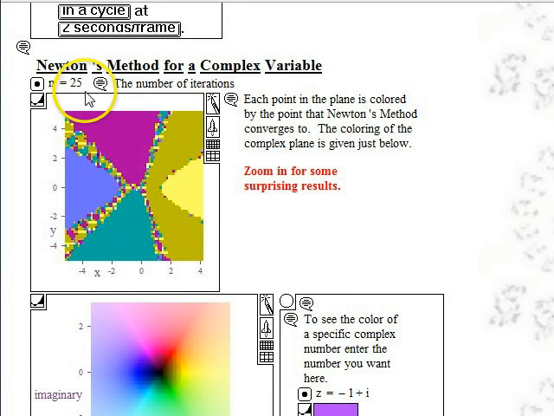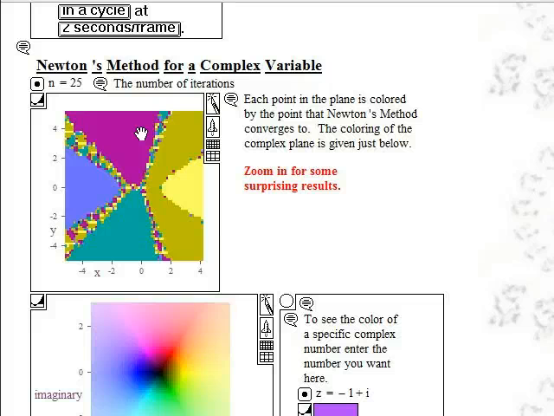I have this at 25 iterations right now. So if I start with this point right over here, and I iterate with that being x0 25 times, I'm going to get very close to that x-intercept at 1 point, whatever it was, 1.6, I think. With a starting point over here, I'm going to get close to that negative x-intercept. A starting point up there would be a complex starting point. We really don't deal with those yet, but anyway, it would be converging to one of those complex roots.